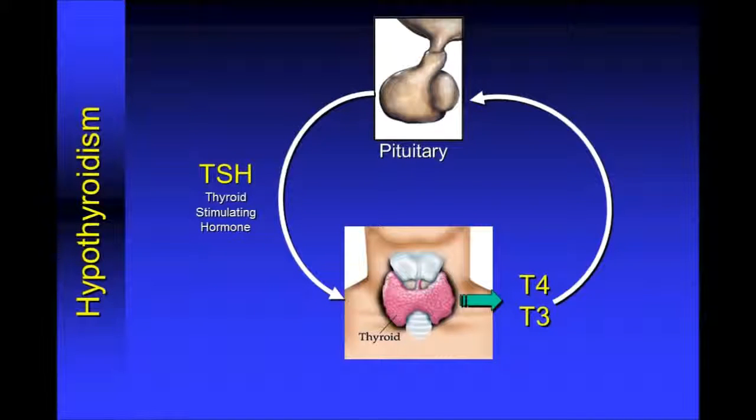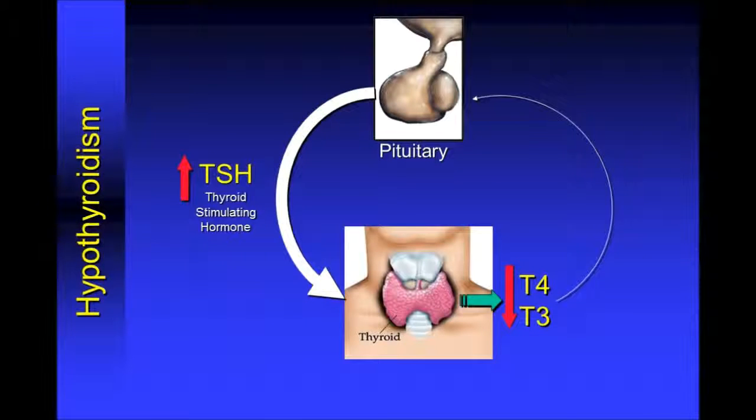Now let's consider hypothyroidism. In this situation, there is a decrease in the production of thyroid hormone by the thyroid gland. In turn, that decreased production is perceived by the pituitary, which responds by increasing the amount of TSH that it produces in an attempt to drive the thyroid to produce more hormone.